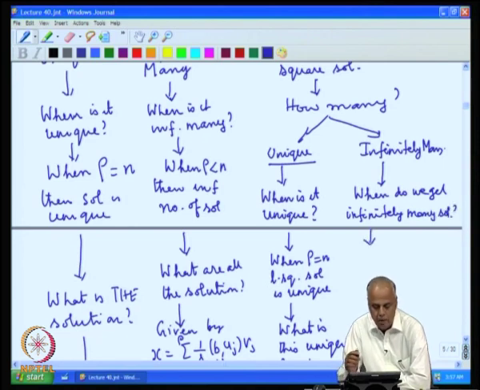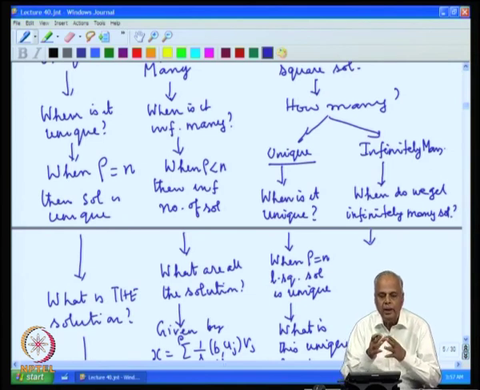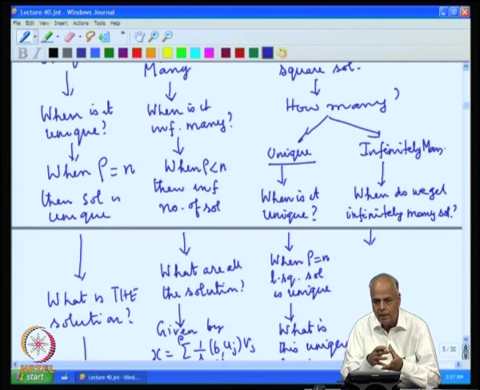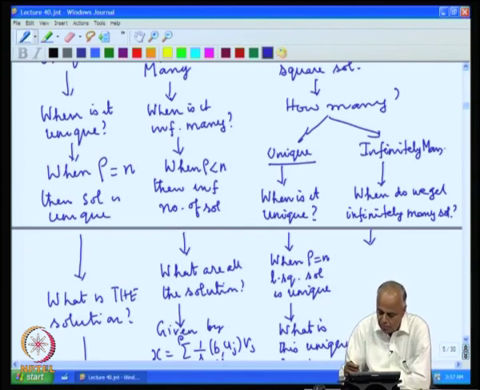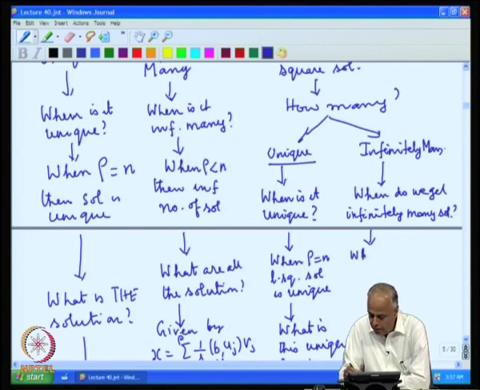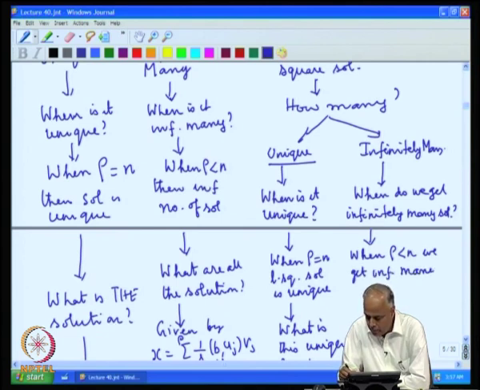Then we know that when rho equal to n we get unique, the other two cases are rho greater than n and rho less than n, but the rank cannot be greater than n as we said before. So, when rho is less than n, we get infinitely many least square solutions.